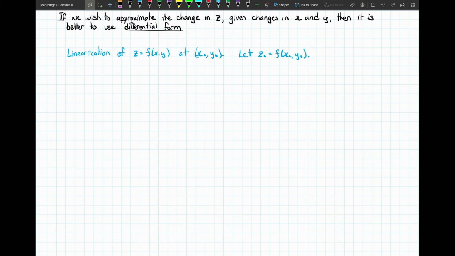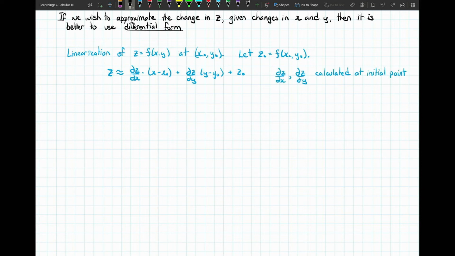Now, using linearization, we know that the actual value of z is approximately equal to the partial derivative of z with respect to x times x minus x naught plus the partial derivative of z with respect to y times y minus y naught plus z naught. And here, del z by del x and del z by del y are calculated at this point x naught, y naught, z naught. That's going to be our initial point.